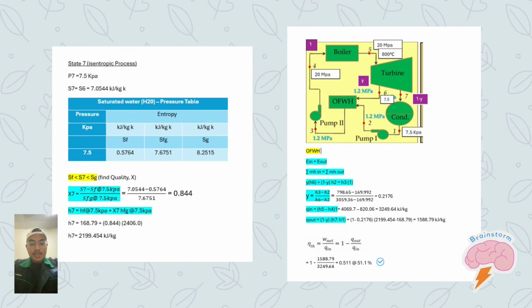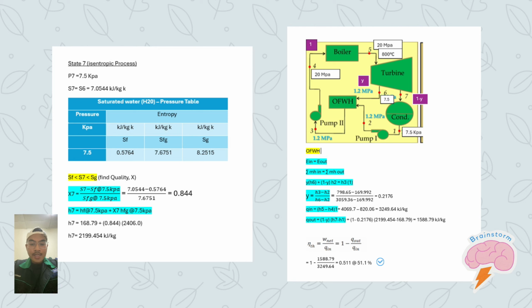So for state 7, it is an isentropic process. S7 equal to S6. Then we compare with the saturated table at pressure 7.5 kilopascal. We get S7 between Sf and Sg. So we must find the quality X to get H7.